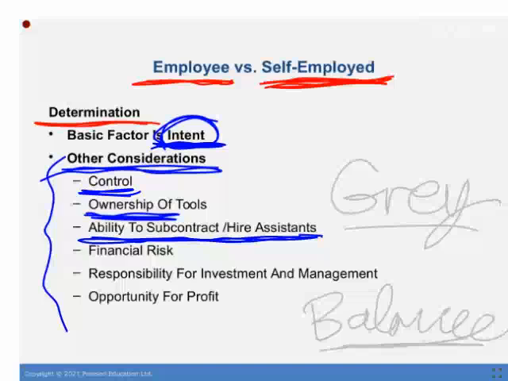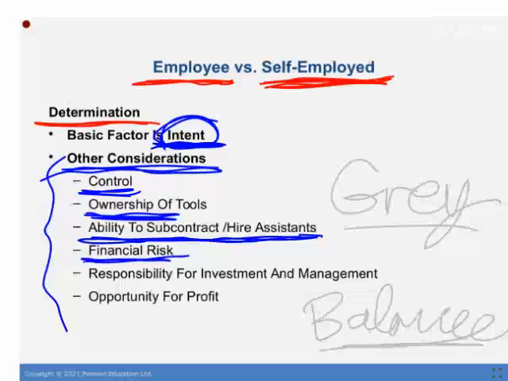You're going to lean a little bit one way or the other, and it could be a mix. So you're going to go through this list when there's a debate opened up about it and kind of check: how many of these are leaning towards self-employed and how many are leaning towards employee? And make a broader determination.